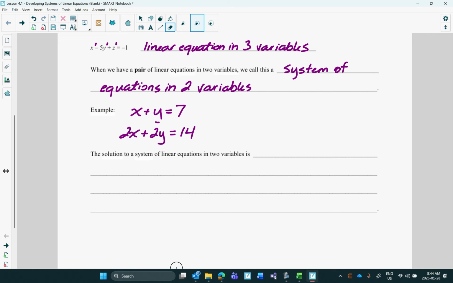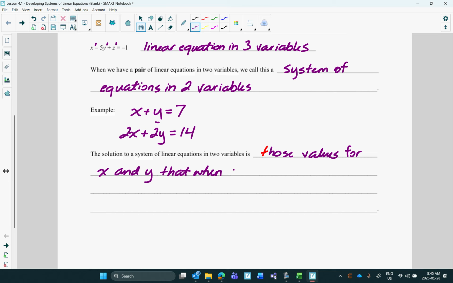So the solution to a system of linear equations in two variables is those values for x and y that, when substituted into both equations, make true equations.